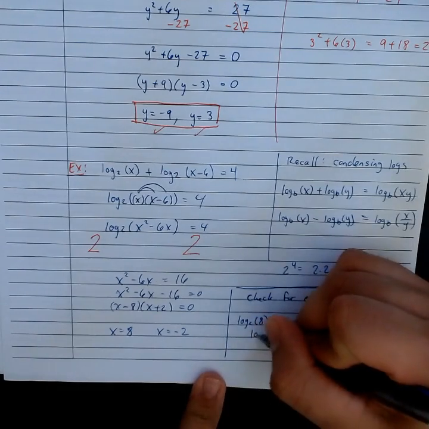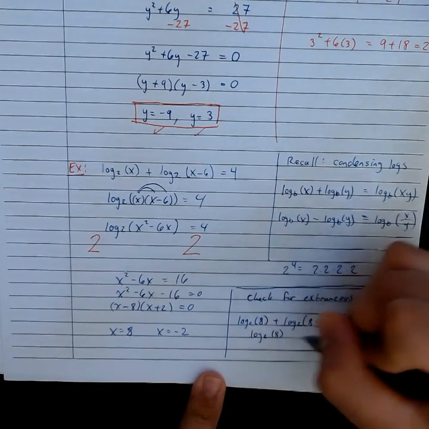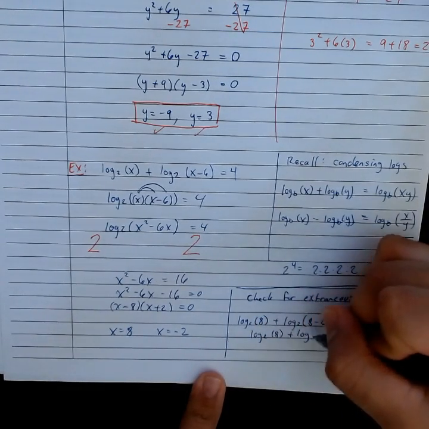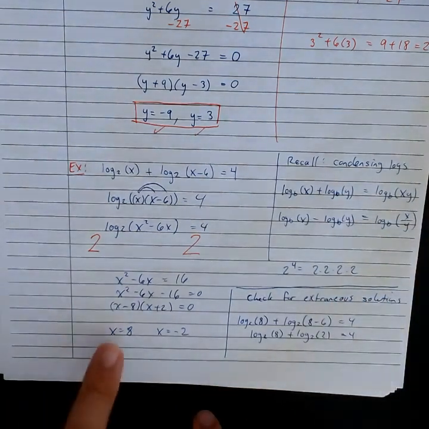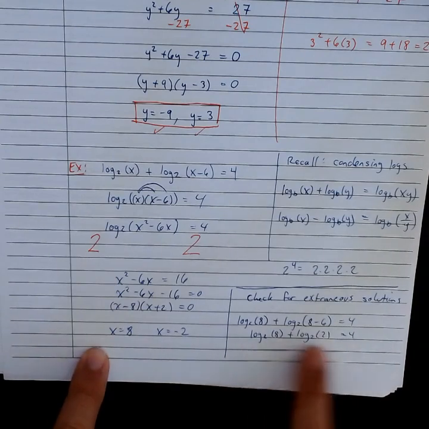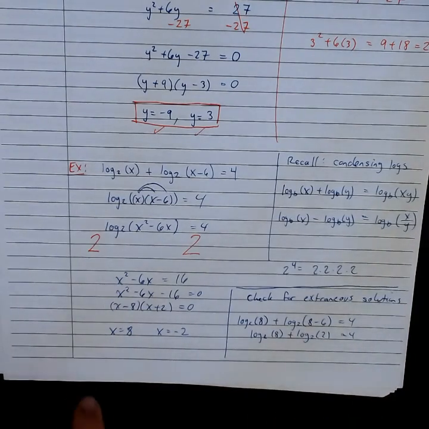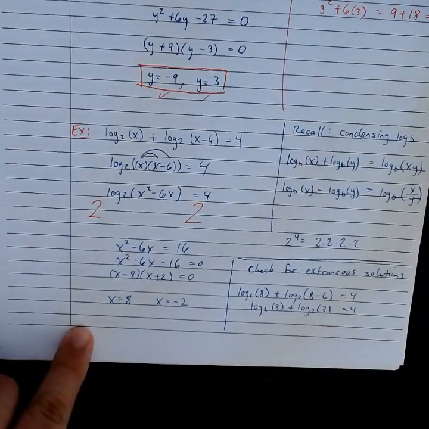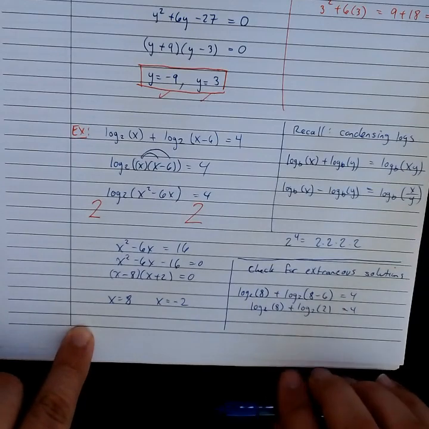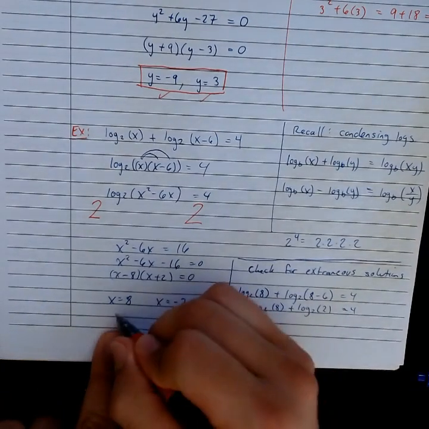So that's okay. Log base 2 of 8 plus log base 2 of 2 is equal to 4. Now, if you're not confident that you've done these steps correctly, you could continue to simplify this to make sure both sides are equal to 4. But here, I'm going to assume that we're all confident in what we've done, so we're just checking for our extraneous solutions. Okay, so 8 works out just fine.